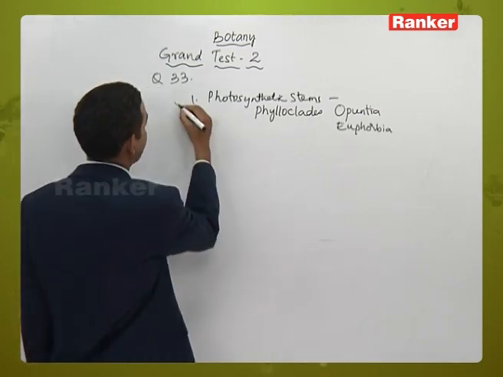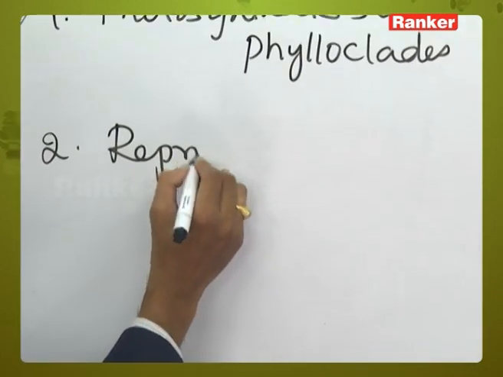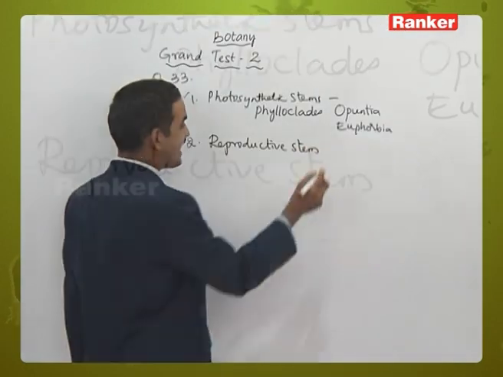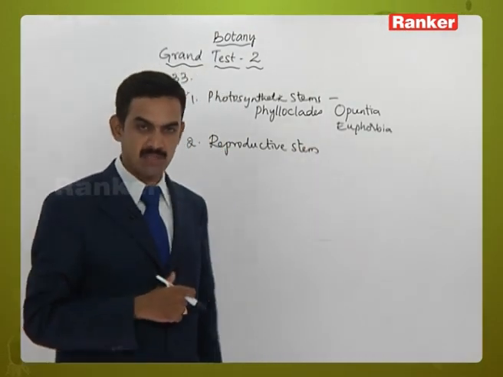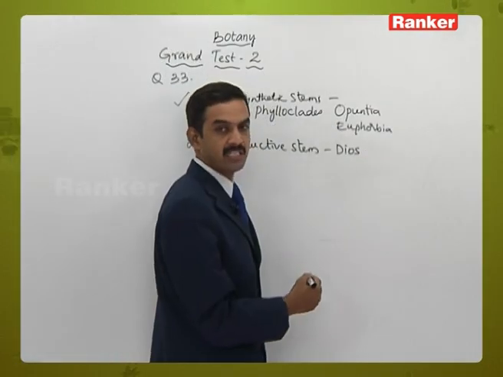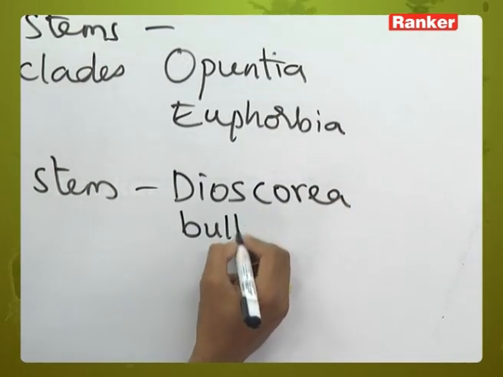Then the second one that is given is a reproductive stem. What do you mean by reproductive stem here? Reproductive stem means any part of the stem that is helping in vegetative propagation, right? So the example given is Dioscorea, a plant which produces bulbils.